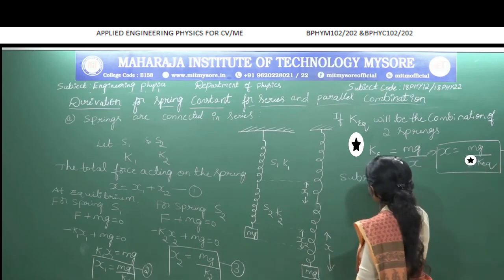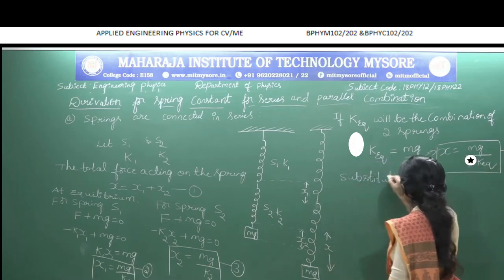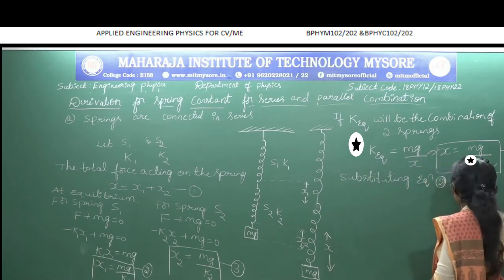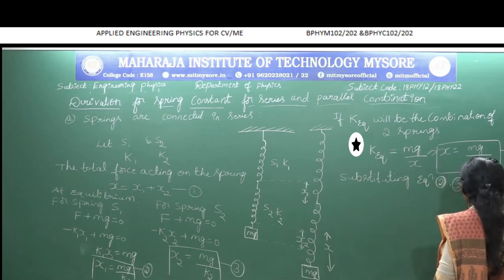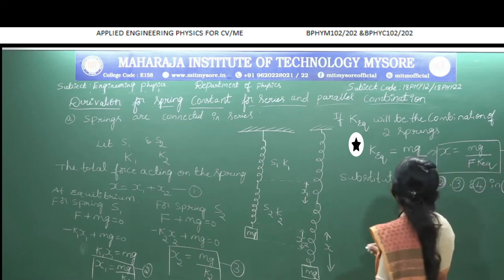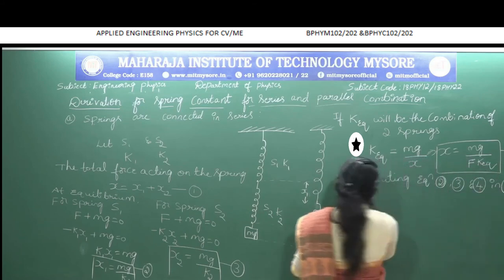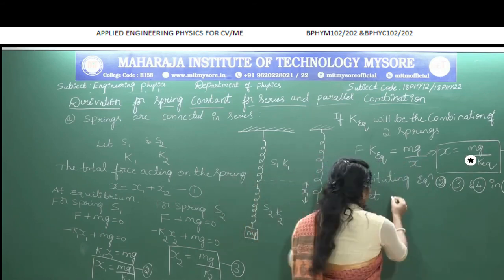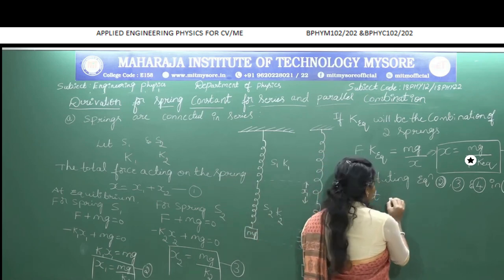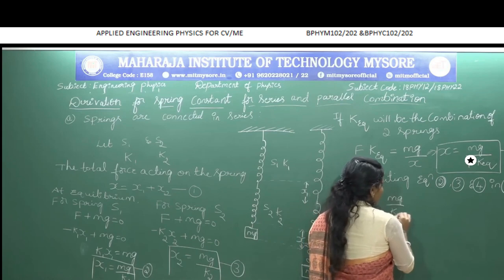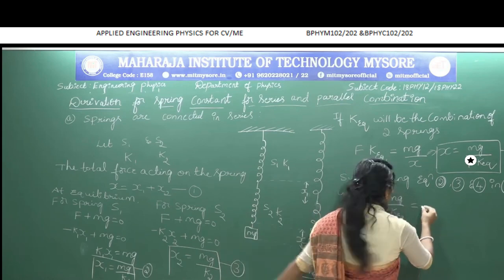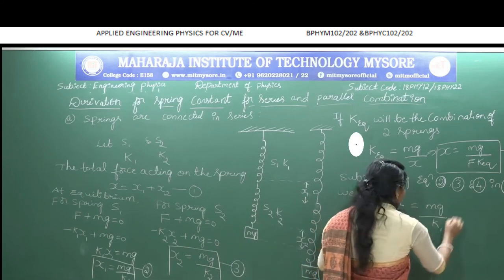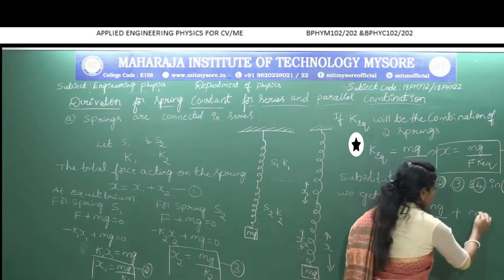Substituting equations 2, 3 and 4 in 1, then what will we get? x is equal to mg by K equivalent, and from equation 2, x1 is mg by K1 plus mg by K2.